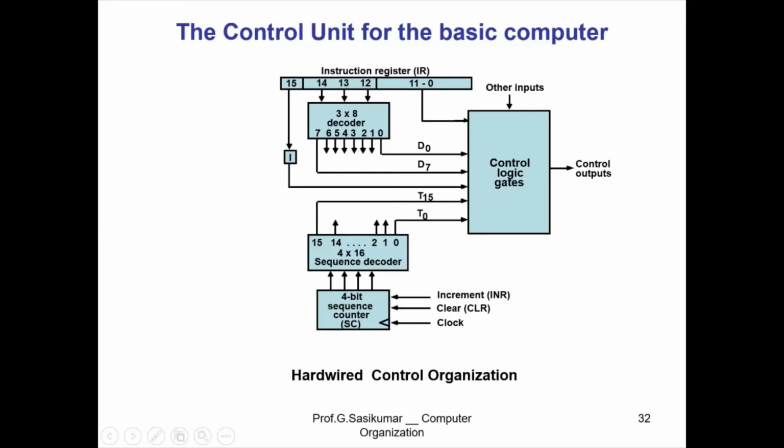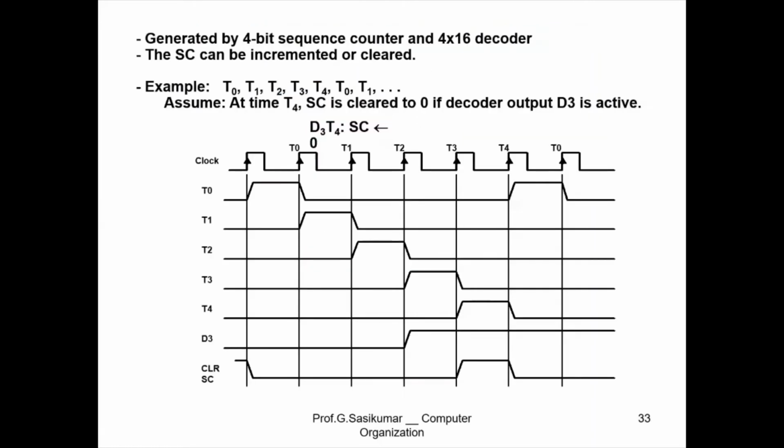This is a typical structure of an encoder and decoder, which is used for controlling your computer: the speed, the clock. Everything will be controlled with a control unit. If you don't have a control unit, there will be no control of the speed. Your system will crash.